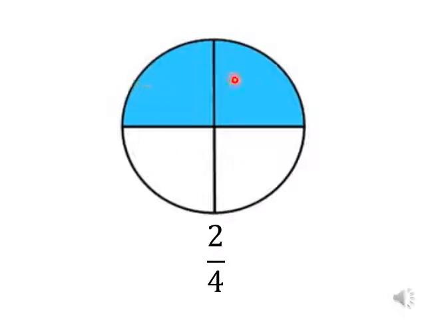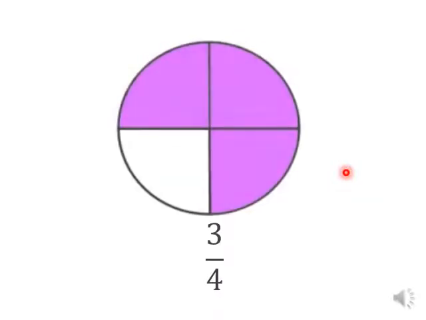Now 2 parts have been shaded in, so we have 2/4. And then we have 3 parts shaded in, so we have 3/4. And finally, the whole pizza has now been shaded in. So we have 4/4, or one whole circle, or as I like to imagine, one whole pizza, all to yourself.